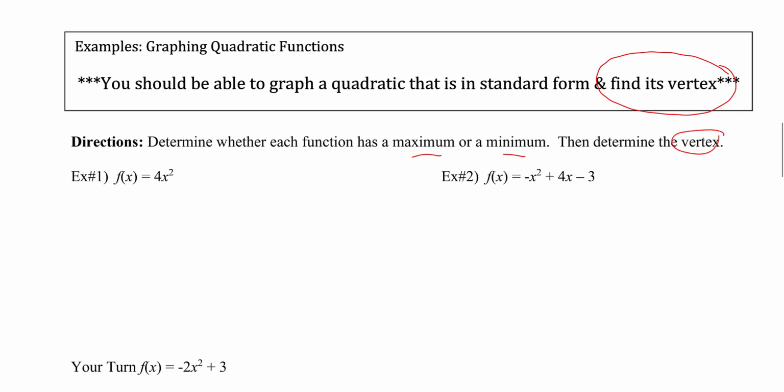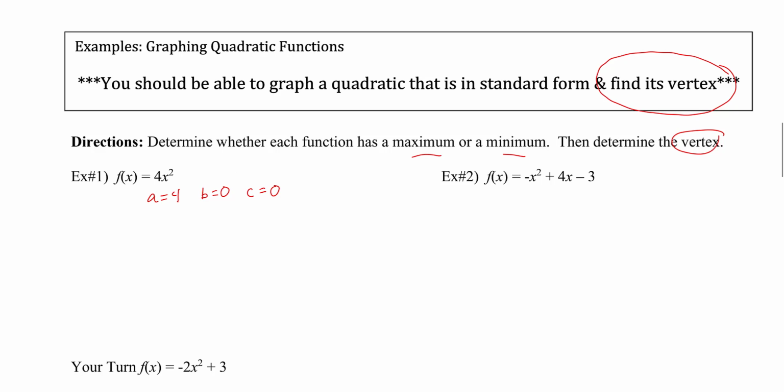So the first thing I always like to do on these problems is list out my a, which is 4. You'll notice there's no x term, so that means there's no b, and there's no constant, so there's no c. Sometimes you'll see people actually write it out, plus 0x plus 0. But we don't really need to do that because it doesn't exist when it's 0.